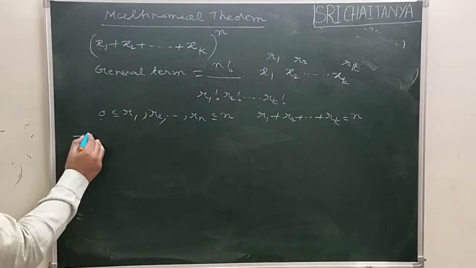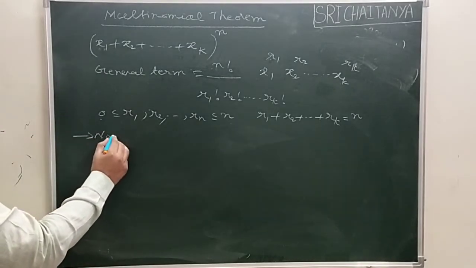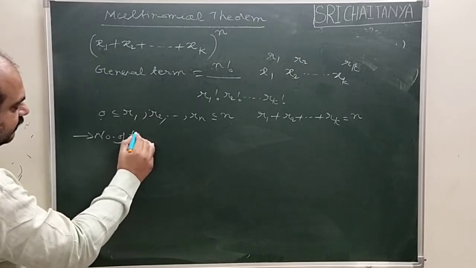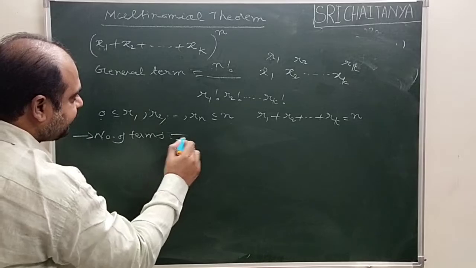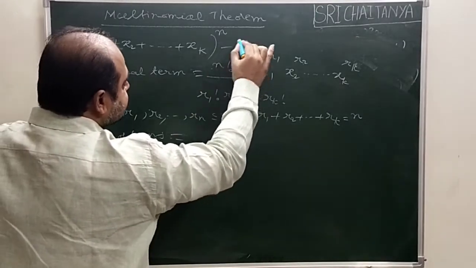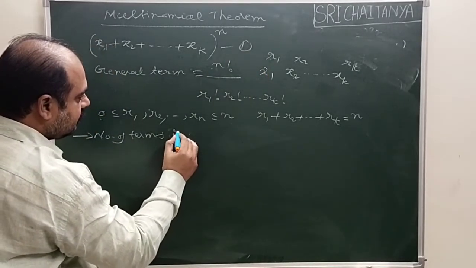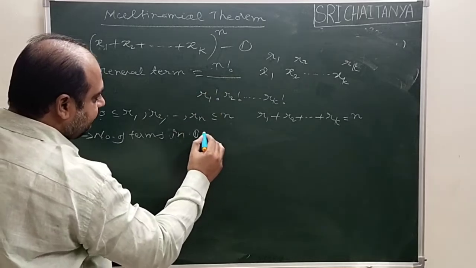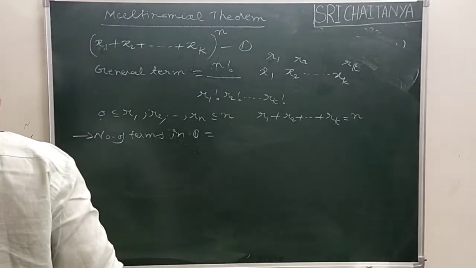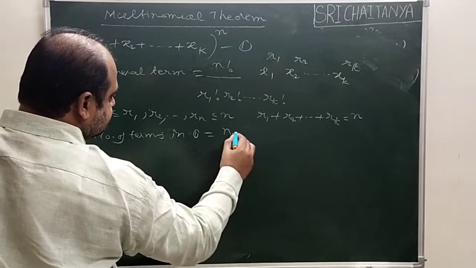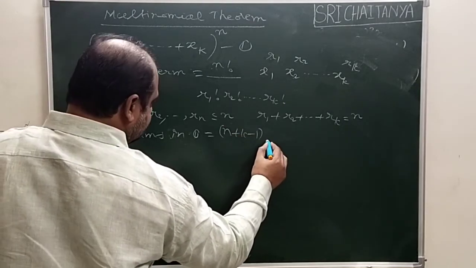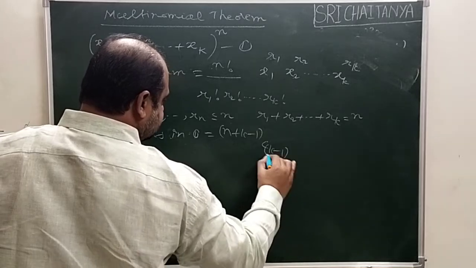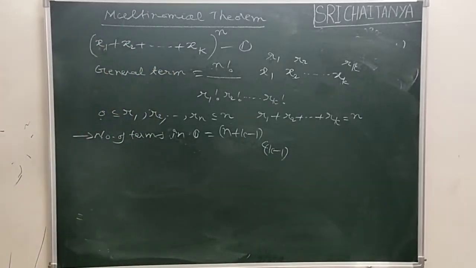Right? So the number of terms in this expansion, you remember this formula. Let us say this expansion is 1. The number of terms in 1 is given by n plus k minus 1 C k minus 1.